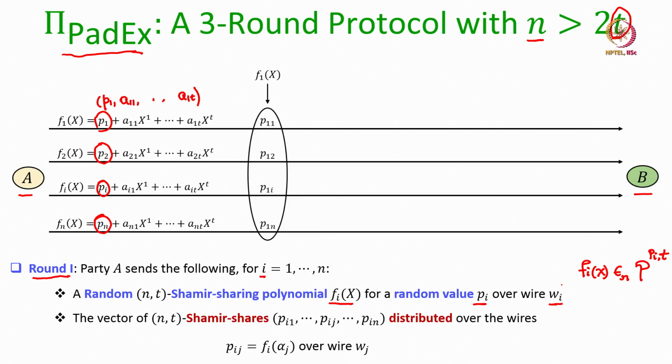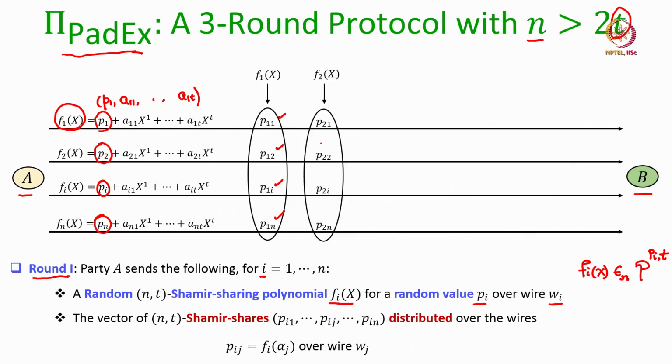Specifically, the polynomial f sub 1 of x is evaluated at alpha 1, alpha 2, alpha i, alpha n, and those resultant values are sent over the wires W1, W2, Wi, Wn respectively. So, you see the first polynomial is sent over the first wire, but its n values are distributed and sent across n wires, one value over each wire.